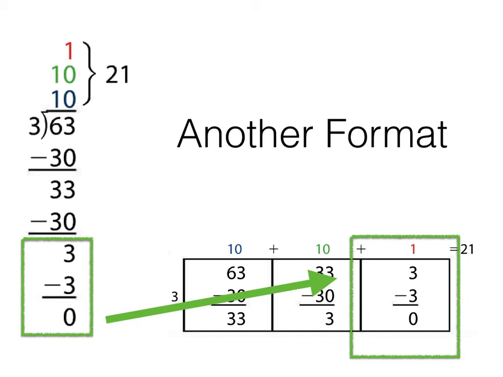And then they're going to go ahead and add 10 plus 10 plus 1 is 21. You'll get the same answer. It's just a different way to write that makes a little bit more sense to kids in the boxes, keeps it a little neater and nicer, and doesn't get so scribbled up in their work.